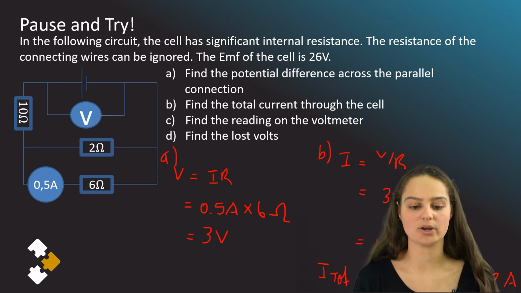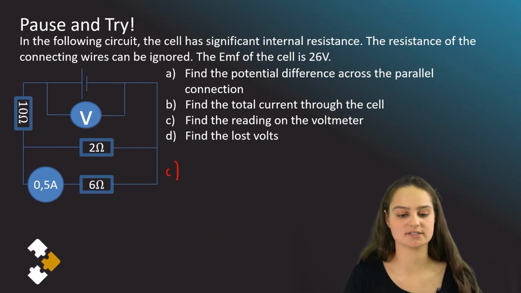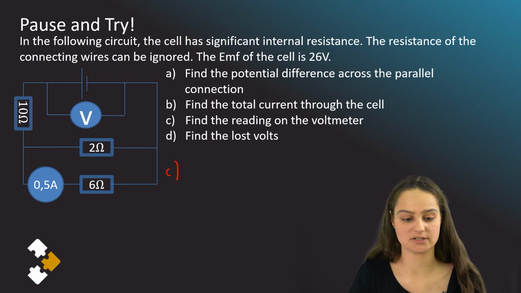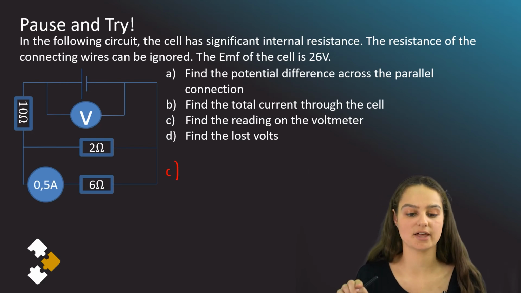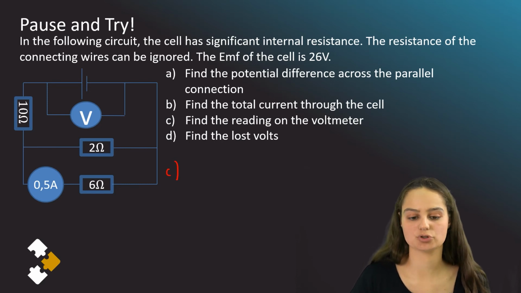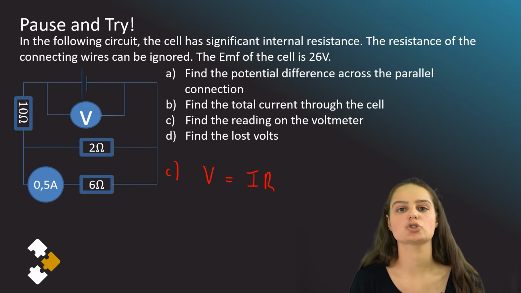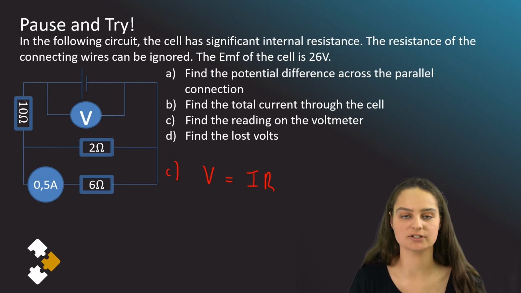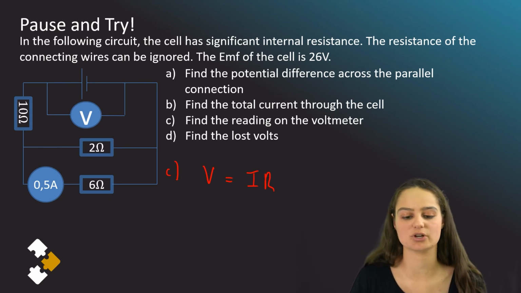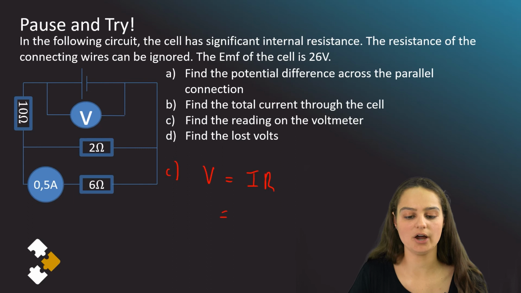So if we move on to question C, let's clear the board. Question C asks us to find the reading on the voltmeter. So this voltmeter, which is across the cell, is then a measure of our V external. So we know that V is equal to IR, right? So what we're going to have to do is find the voltage across the 10 ohm resistor, and the voltage over the parallel connection we already know from the previous questions. So if we're working out the voltage over the 10 ohm resistor, V is equal to IR.